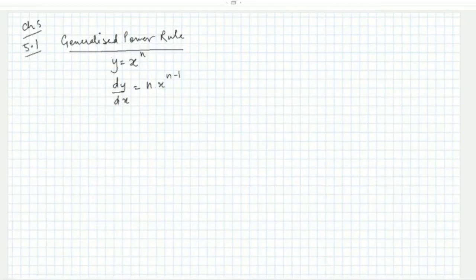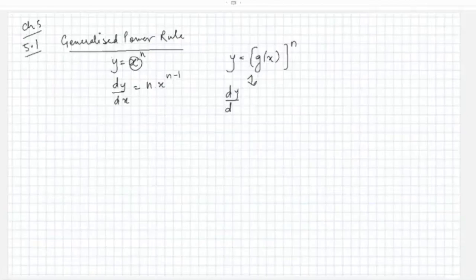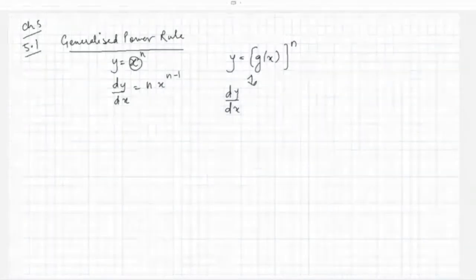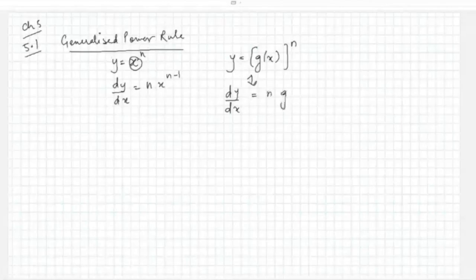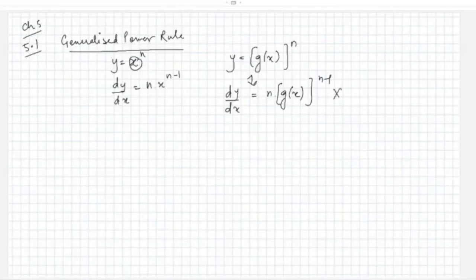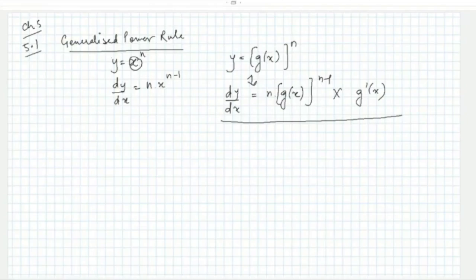Generalized power rule means that suppose instead of x you have some function of x, and this is raised to the power n. Then you can apply the generalized power rule here and state that dy by dx will be equal to n into g(x) raised to the power n minus 1, multiplied by the derivative of g(x). This is called the generalized power rule.